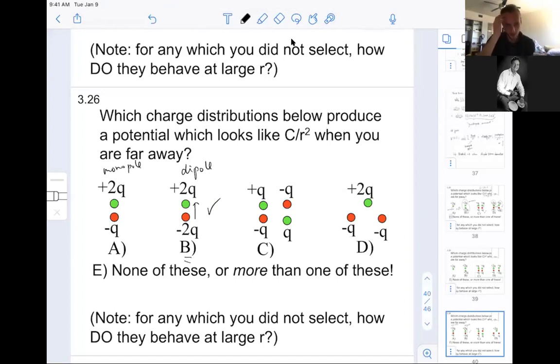I'm arguing that it's also a dipole. So let's look at it. I have two pairs: one from negative Q to positive Q, the other also from negative Q to positive Q. So no net charge, so we don't have a monopole term. In terms of dipoles, what do you think? Do we have a dipole term?